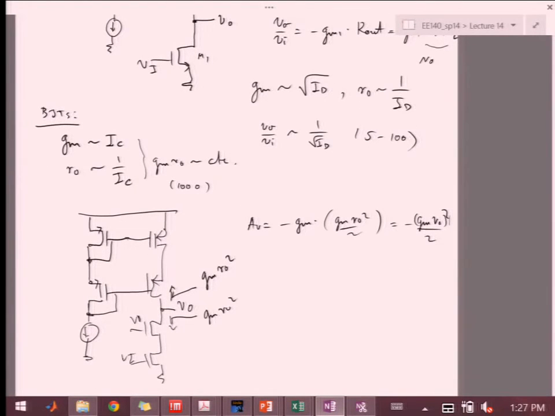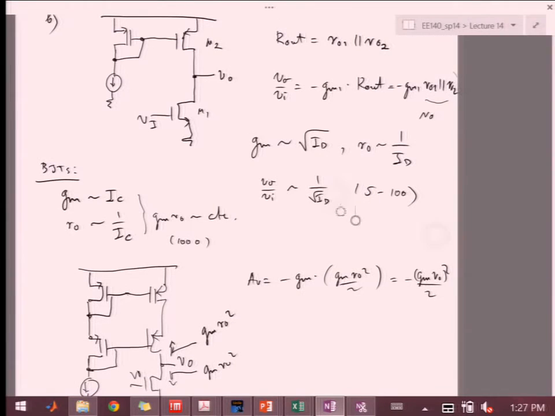Of course, the penalty we pay is that here I can get this device in saturation if I have the VOV, right? This device, we've analyzed it as a current mirror. What's the highest voltage that VO can go up to before this one goes out of saturation?